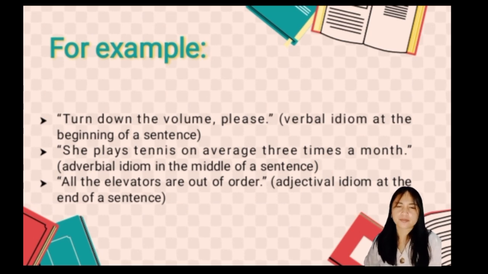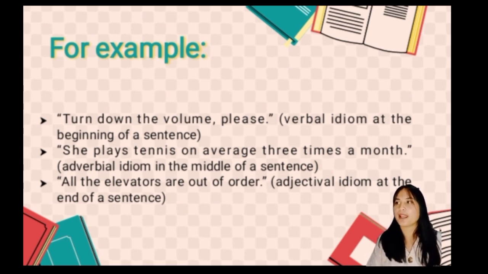And the second example, she plays tennis on at first 3 times a month. So in this example, the prepositional idiom at phrase 3 times a month is used to express a person's frequency or habit of playing tennis.